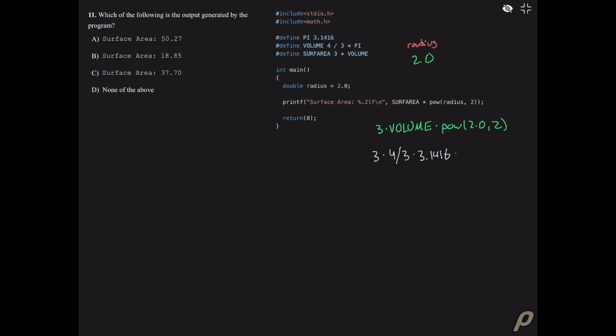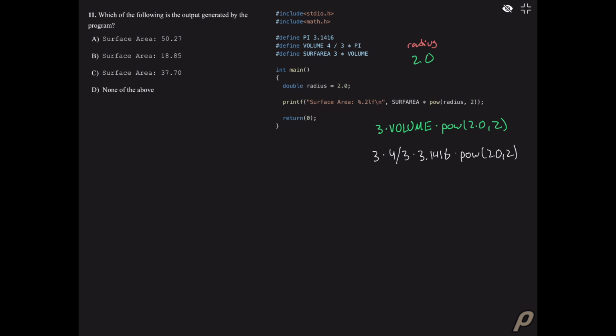And then we multiply this times pow 2.0 comma 2 over here on the right. So then we do just our order of operations, and since we just have a bunch of multiplication and division and such, we'll just go from left to right. So it is important that we do pay attention and actually go left to right, because you will see very shortly how that makes a difference.